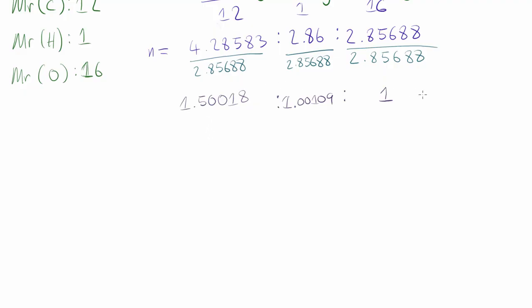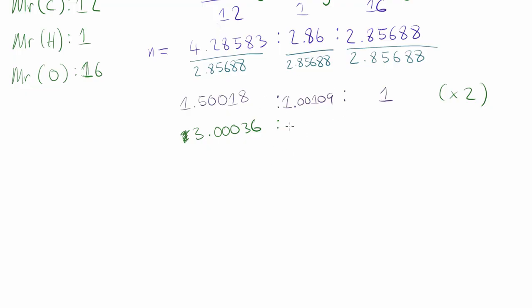So if we multiply all of these, I'm just going to put in brackets, that's just multiplied by 2. Here we're going to get 1. No, well, not 1. We're going to get 3, right? We're going to get 3.00036, right?